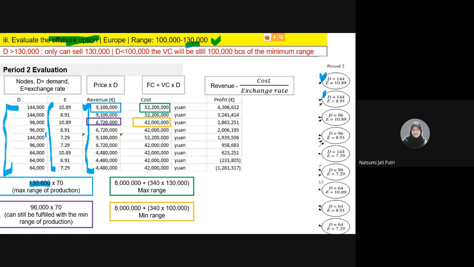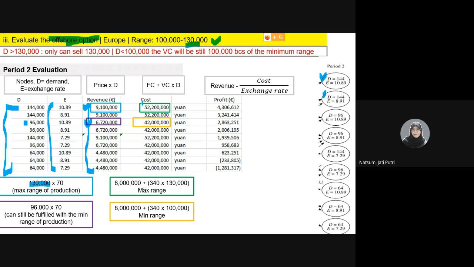And then also the demand is 96,000 units, and our range of production is 100,000 units until 130,000. It means we can fulfill all of it, 96,000 times 70, and we got this number.